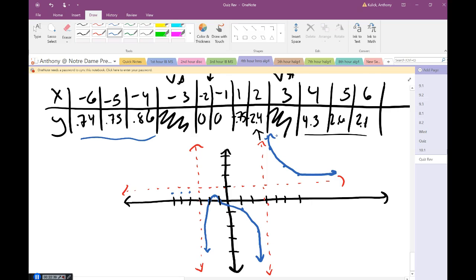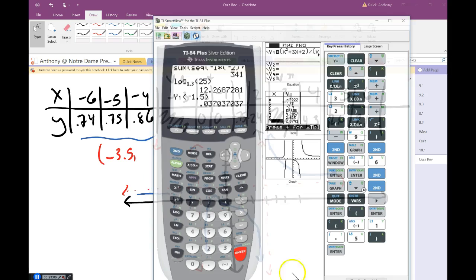Let's go back here though and get some more stuff in there. I want some things that are closer to this asymptote. I can see this stuff is going to just be kind of following, but I want to know what's going on over here still. So I'm going to go back and pull out like negative 3.5 and something, just so I can see what's going on with that.